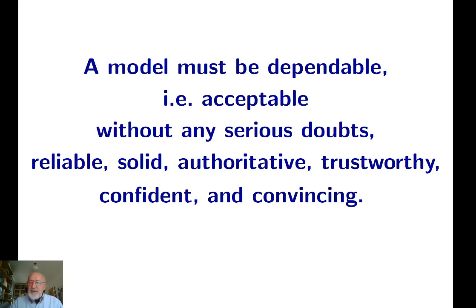The second line of properties a model must have is dependability. It should be accepted in some way without any serious doubts. It should be reliable. It should be somehow trustworthy. That means in this case we might have some kind of additional property that is often forgotten and often not explicitly stated, which is however necessary.